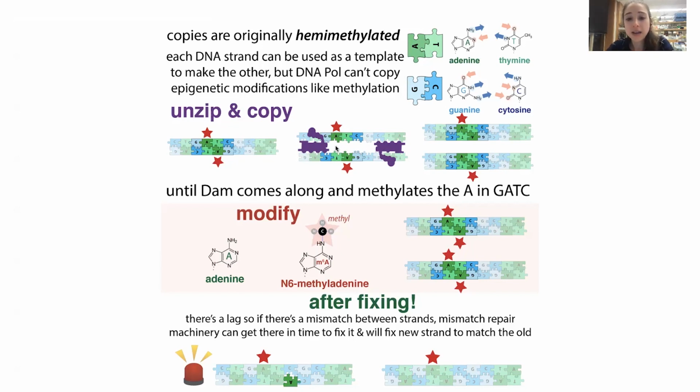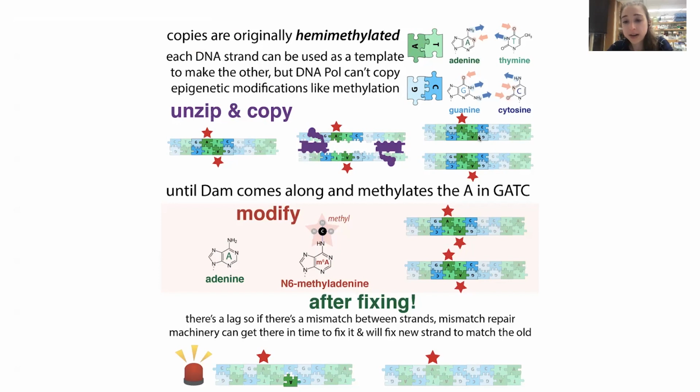And so the DNA is going to get copied, and when it gets copied, it's originally going to be unmethylated. But the template strand that it was being copied from is going to be methylated. So initially you have the state that's hemimethylated: one of the strands is methylated and the other strand isn't.